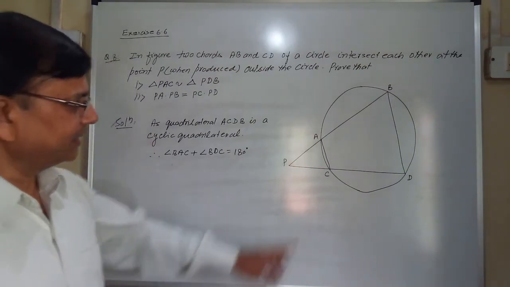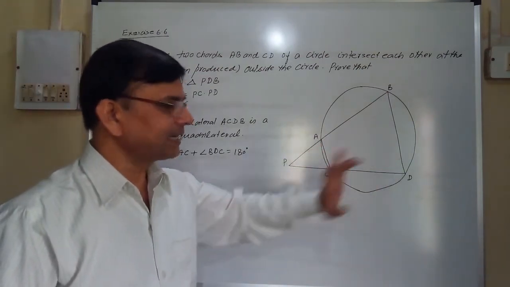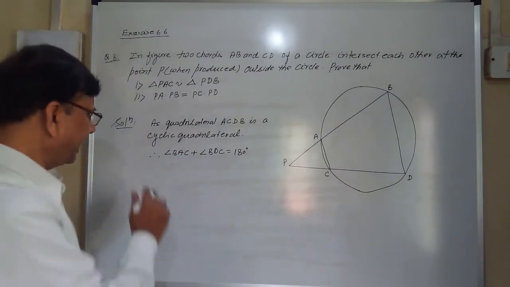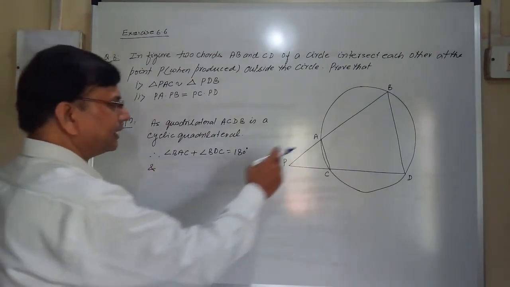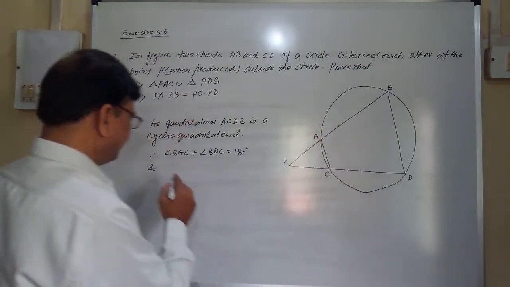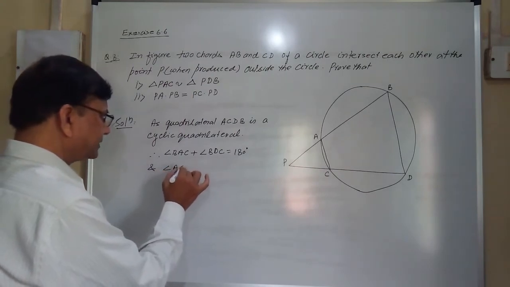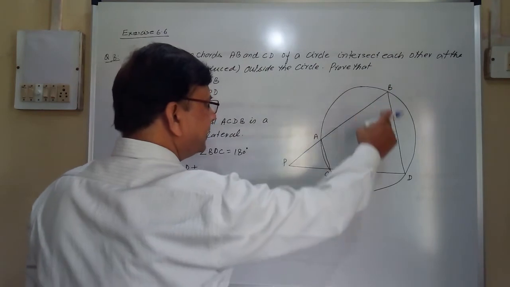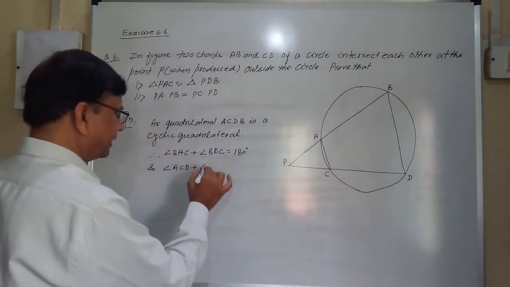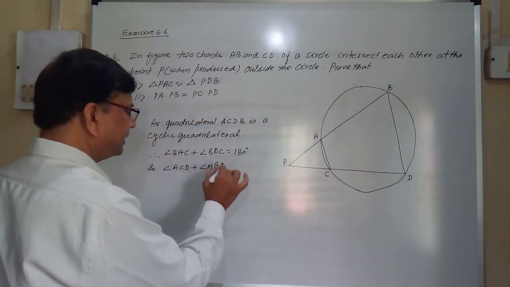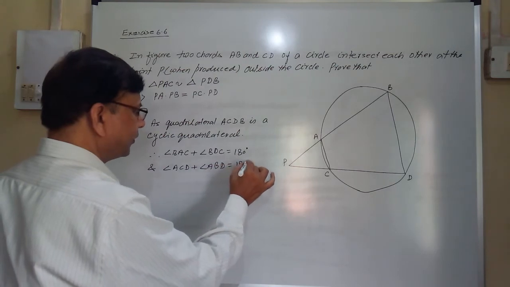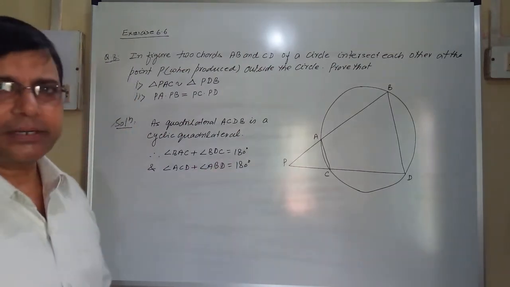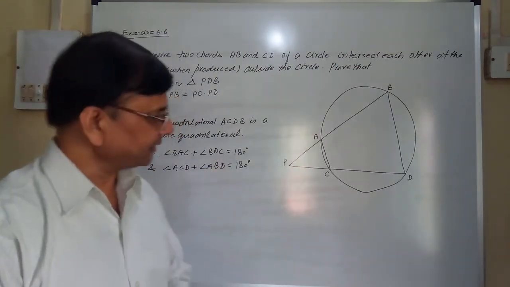It is very important. This angle plus this angle is equal to 180 degrees, and angle ACD plus angle ABD is equal to 180 degrees. It is a property of a cyclic quadrilateral.